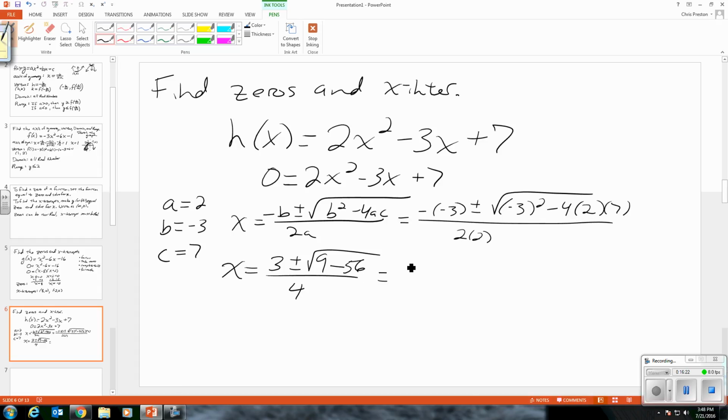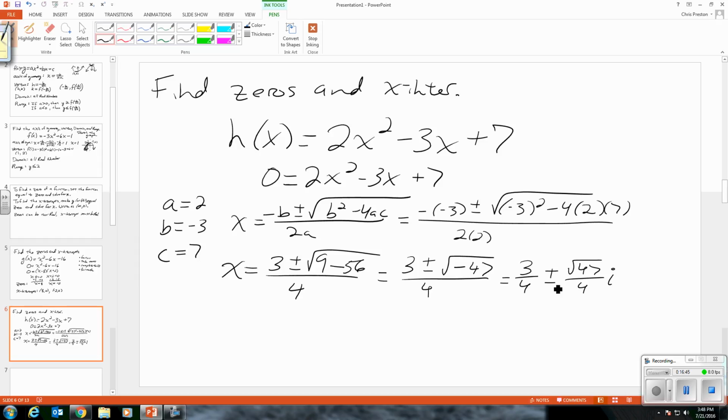So this is going to be 3 plus or minus the square root of negative 47 over 4, which means my zeros are 3/4 plus or minus the square root of 47 over 4 times i.